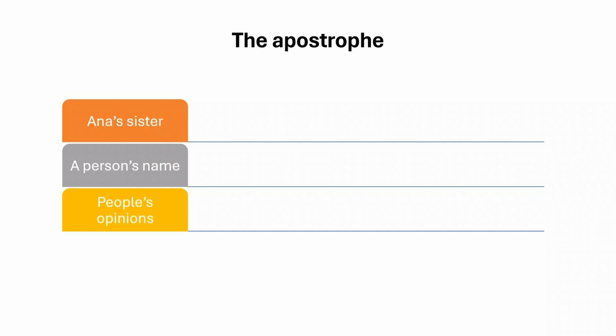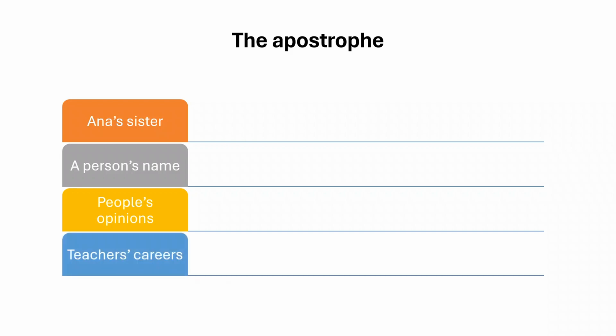We can use it with plurals, and in this case people is plural, and then the apostrophe comes directly after it. And there's another example there with teachers, and teachers in this case is plural. So make sure that you use it correctly and that you don't add apostrophes where they are not necessary.